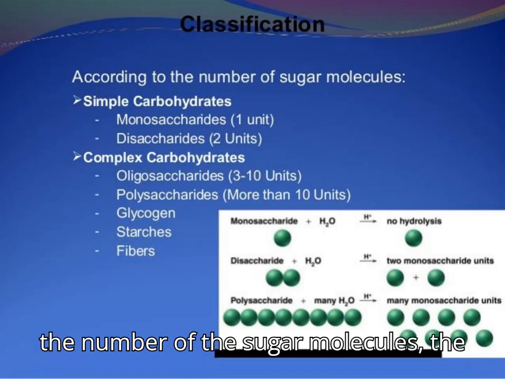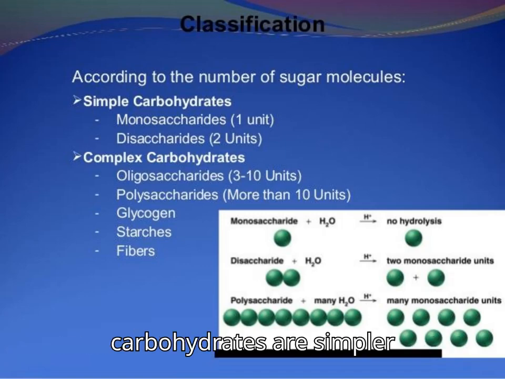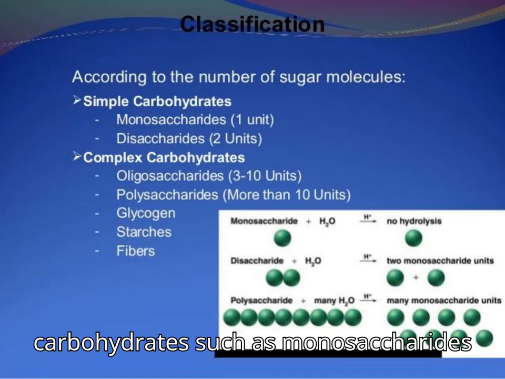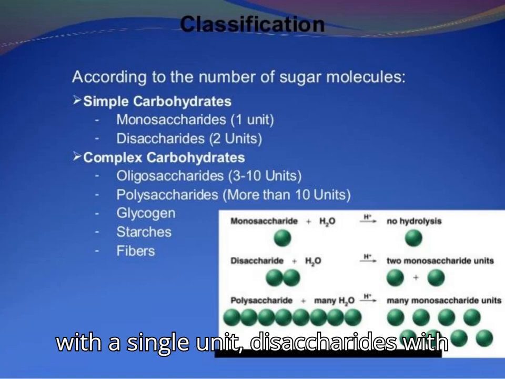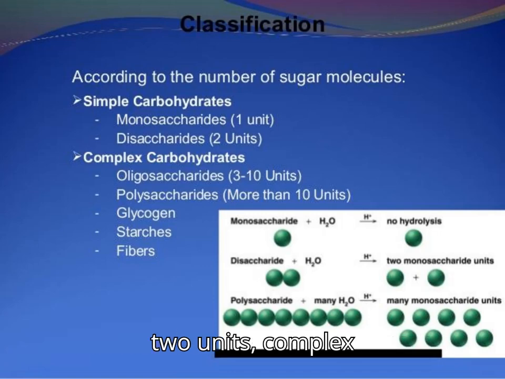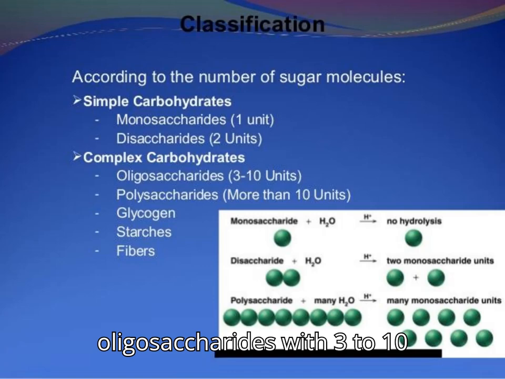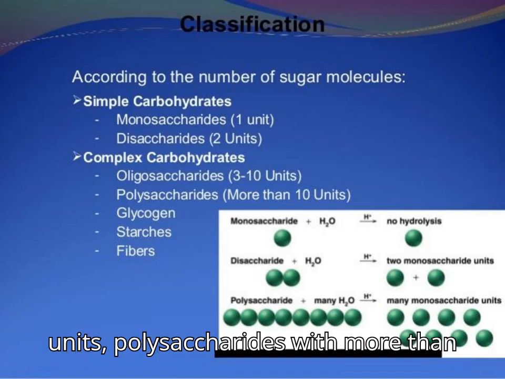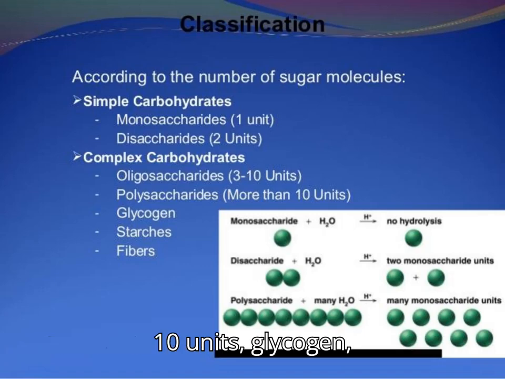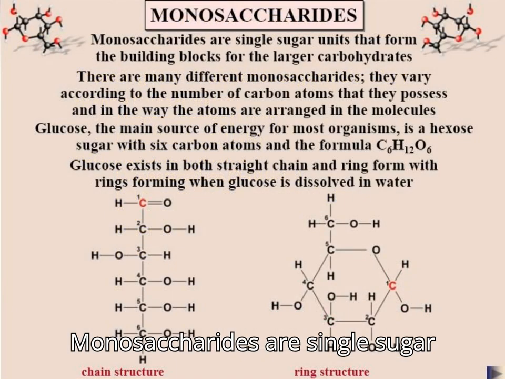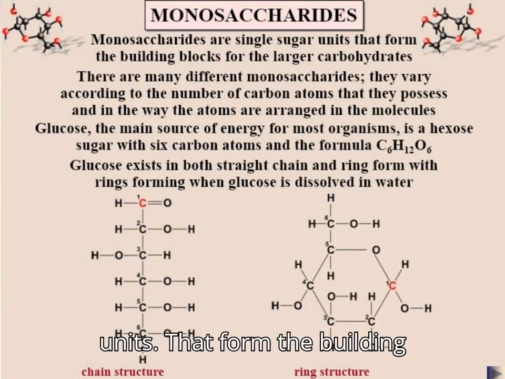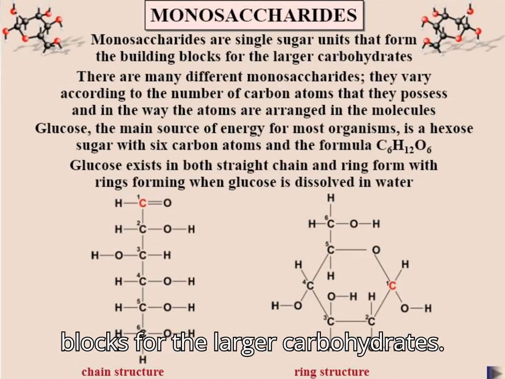According to the number of sugar molecules, the carbohydrates are simpler carbohydrates such as monosaccharides with a single unit, disaccharides with two units, and complex carbohydrates such as oligosaccharides with 3 to 10 units, and polysaccharides with more than 10 units, like glycogen, starches, and fibers.